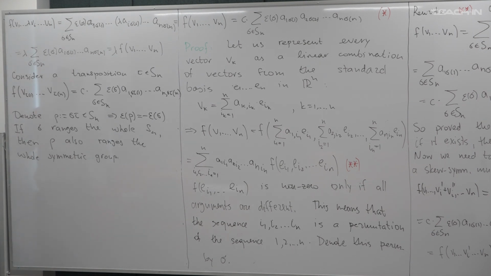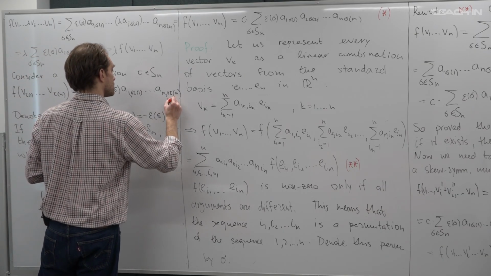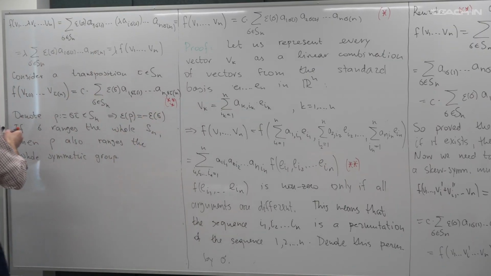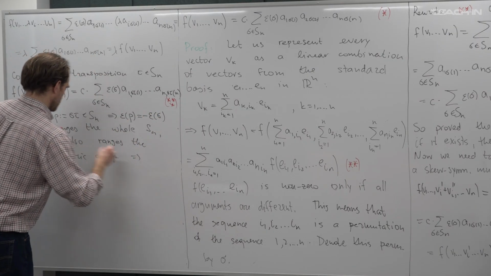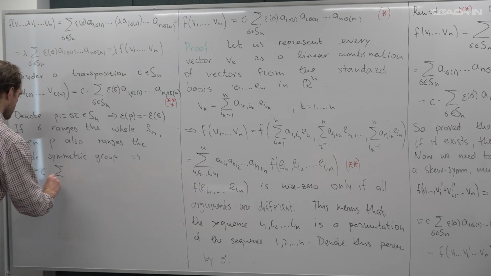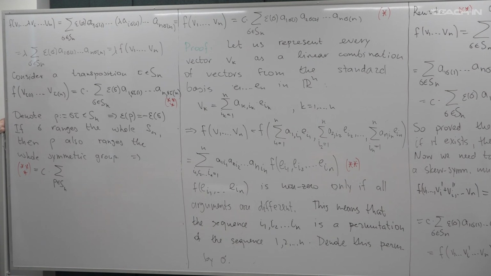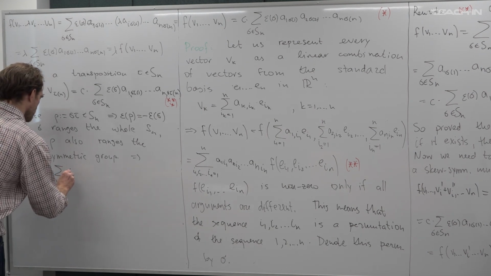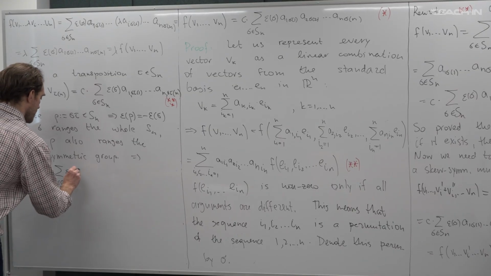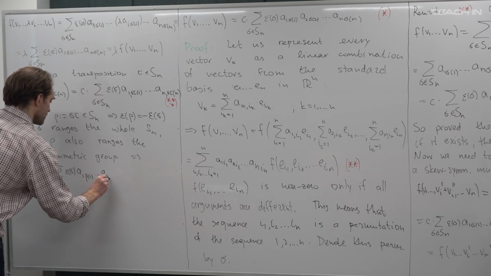Okay, so our formula can be rewritten in the following way. So the star formula can be rewritten as C multiplied by the sum over rho, which takes its values in the symmetric group, of epsilon of sigma multiplied by a1 rho of 1, etc., a n rho of n.